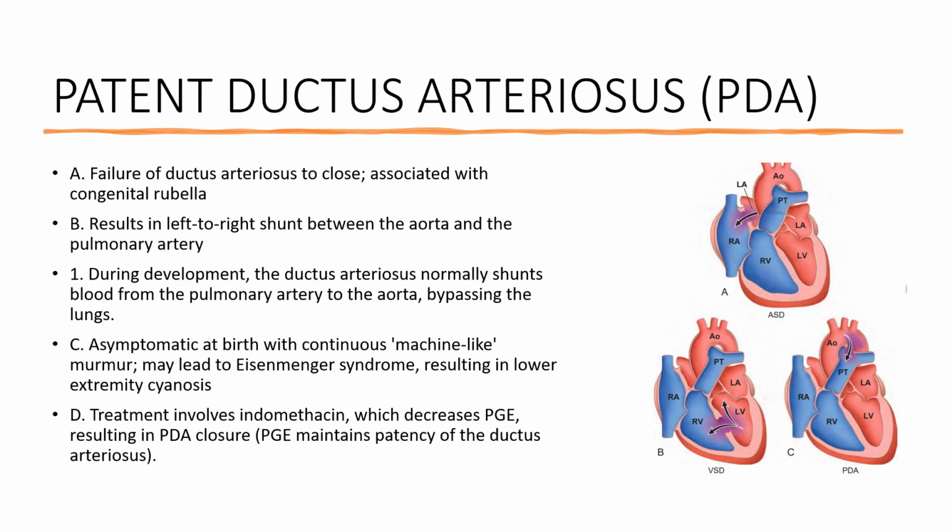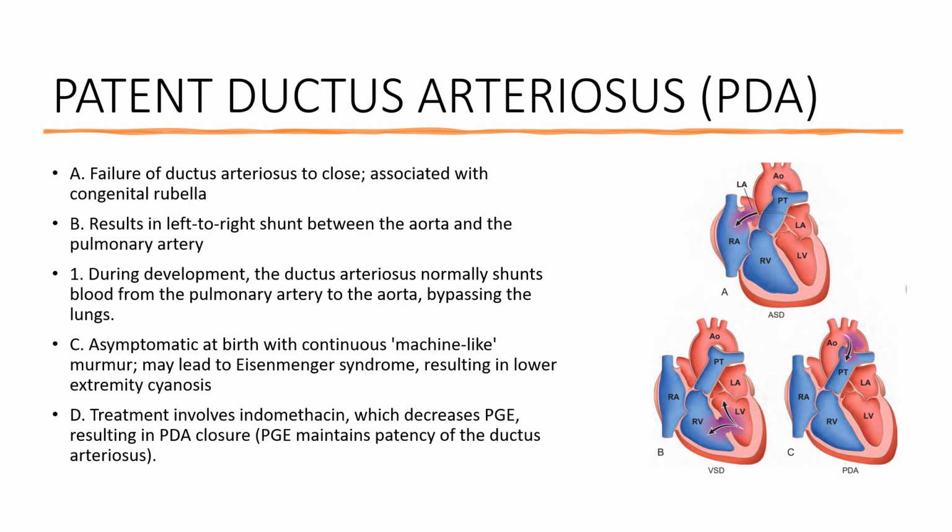Now patent ductus arteriosus (PDA). Now what is this patent ductus arteriosus? It is basically a vessel which connects the pulmonary trunk to the aorta. As soon as the baby is born, this PDA starts to wither off.